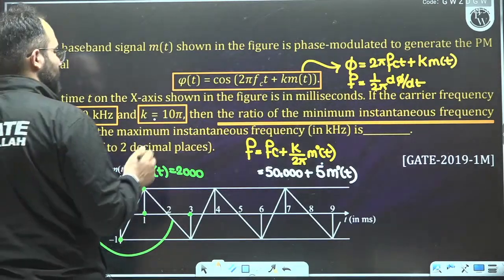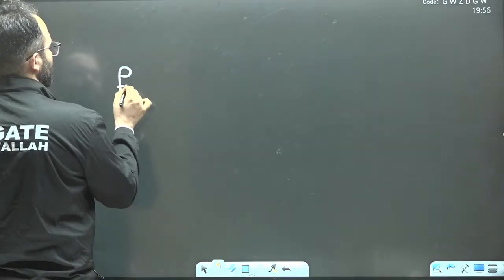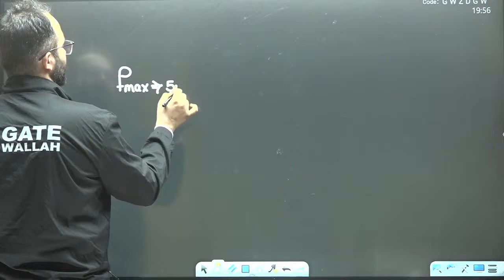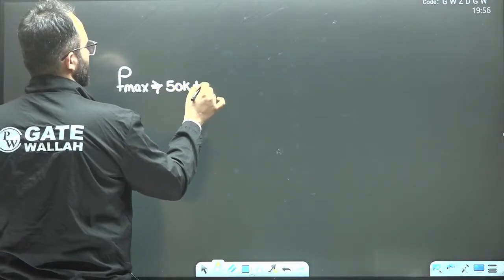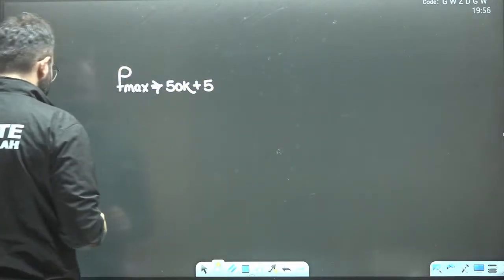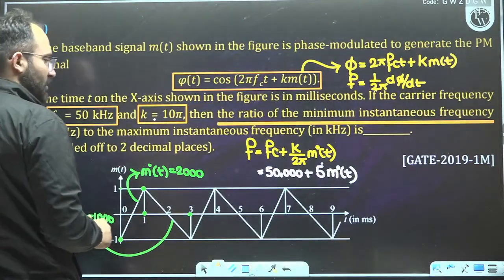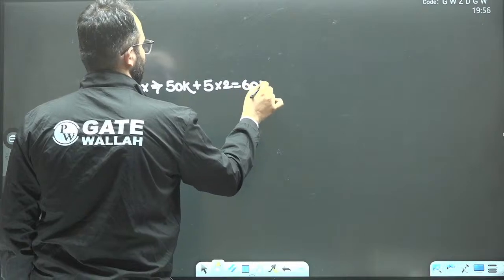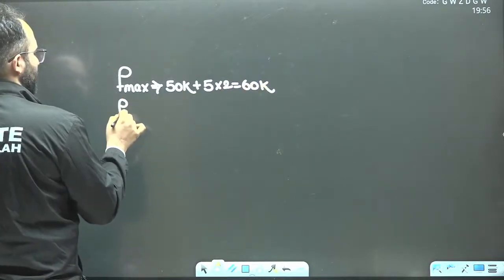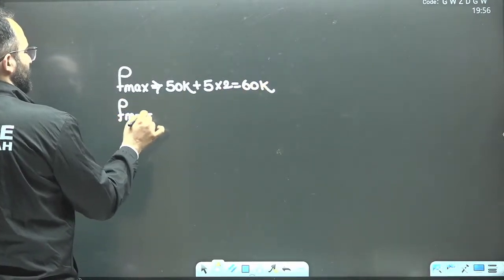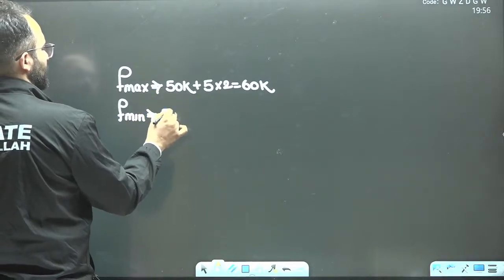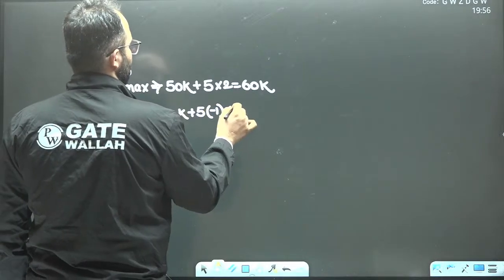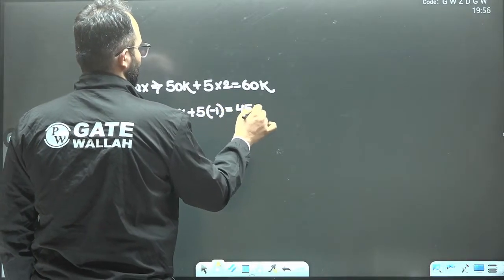So what is f max, that is 50k plus 5 times the message maximum value, 2000, that is 60k. f min is 50k minus 5 times 1000, that is 45k.